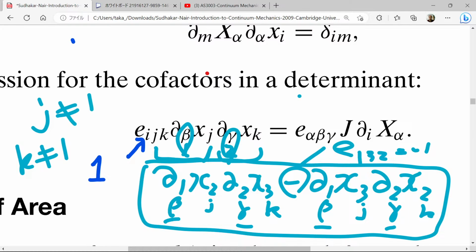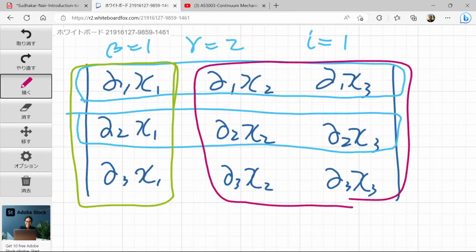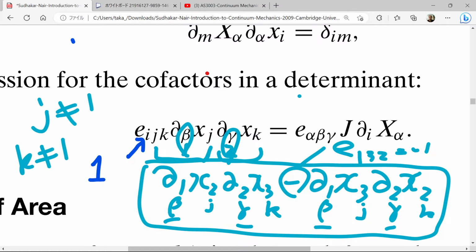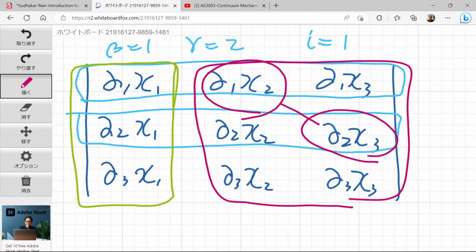Is this strange? 1, 2, 2, 3, then 1, 3, 2, 2.